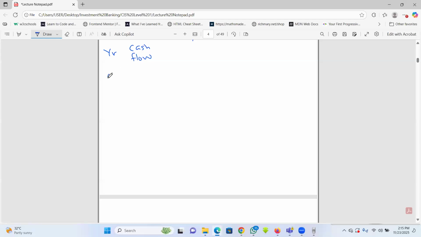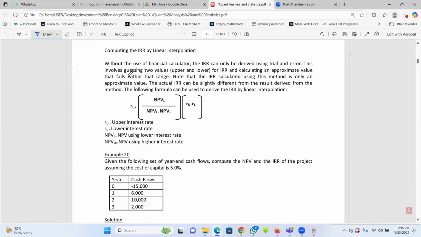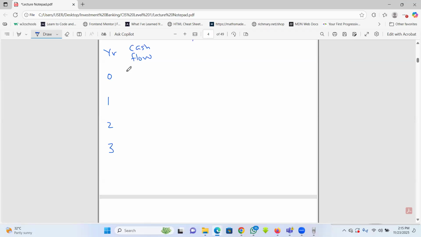What's the year, the period? 0, 1, 2, and 3. Then the cash flows, negative 15,000, let me put this in a bracket, then 6,000, 10,000, and 2,000.